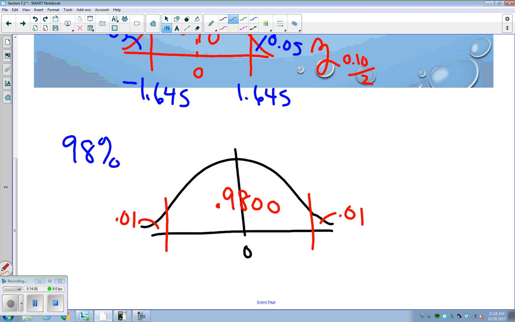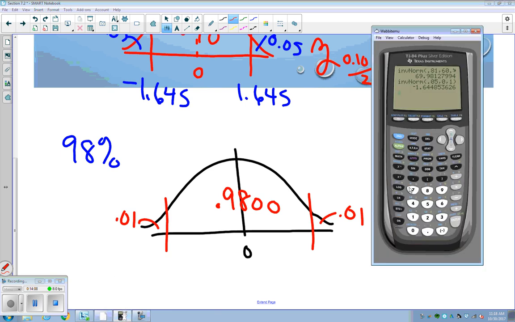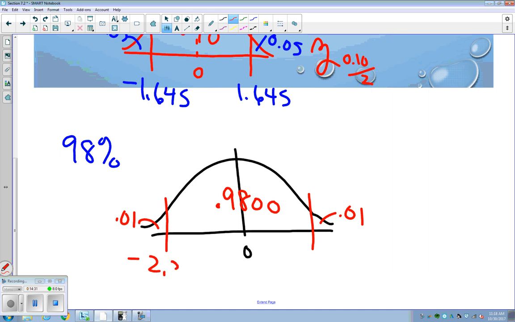And I'm going to find that by going to my inverse norm, putting my area to be 0.01. And I'm going to find negative 2.33, rounding it, and again this would be positive 2.33. Make sense? Excellent.